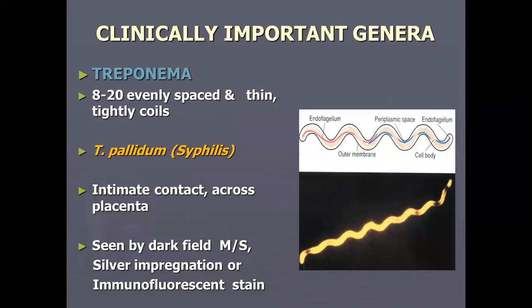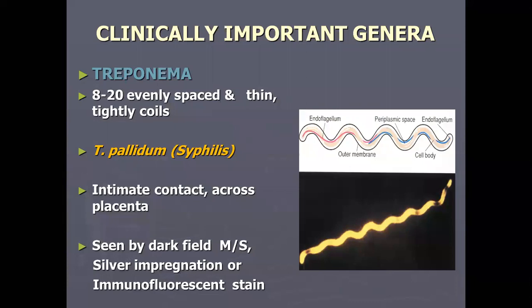So based on the configuration of coils, loose or tight or intermediate, or whether they have hooks on the sides or not, we identify these microorganisms. The Treponema, typically speaking, are evenly spaced, thin, and have tight coils. And the species of significance of the Treponema is Treponema pallidum that causes syphilis.